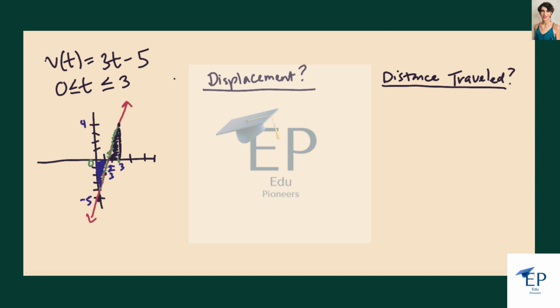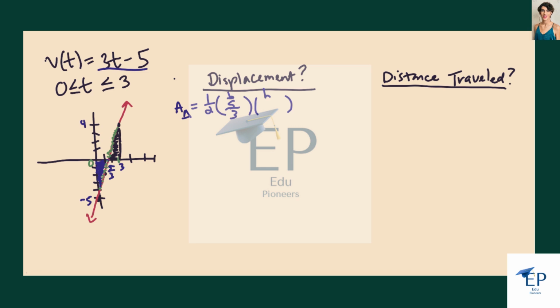So the blue triangle: the area of a triangle is 1/2 the base times the height. The base of the triangle is 5/3. That's just the x-intercept on this function. If you plug in 0 for v of t, then t would be equal to 5/3.